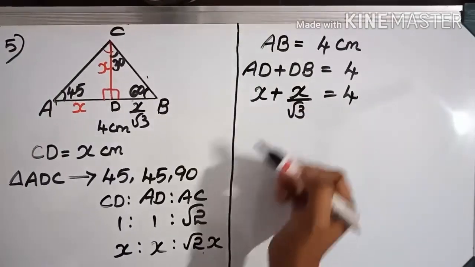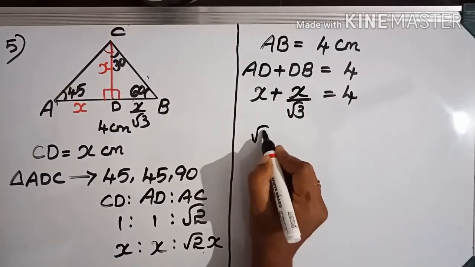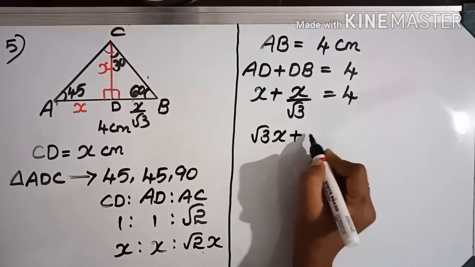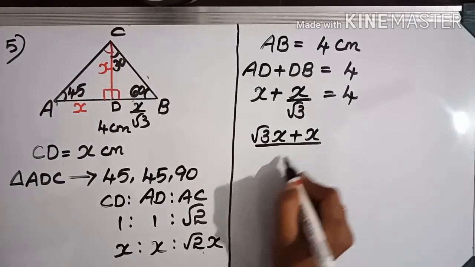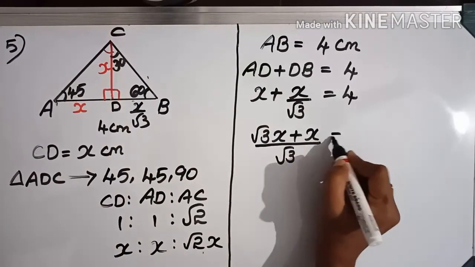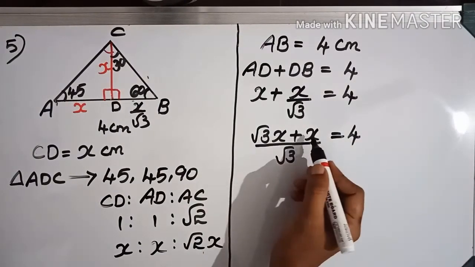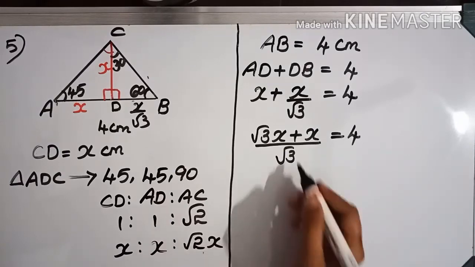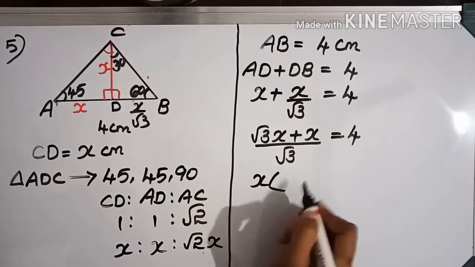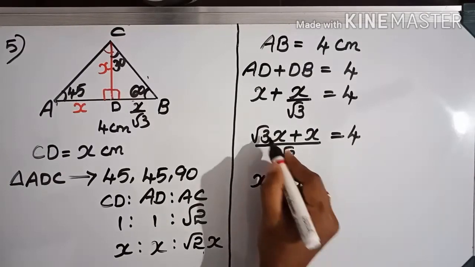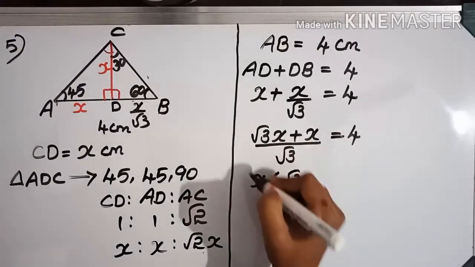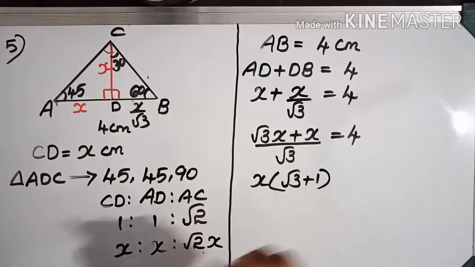So for that, let's cross multiply. That is root 3 x plus x, whole divided by root 3, equal to 4. Now from this we can take x common. When you take x common, root 3 remains, plus from this x we took 1 x outside, so the remaining is 1.